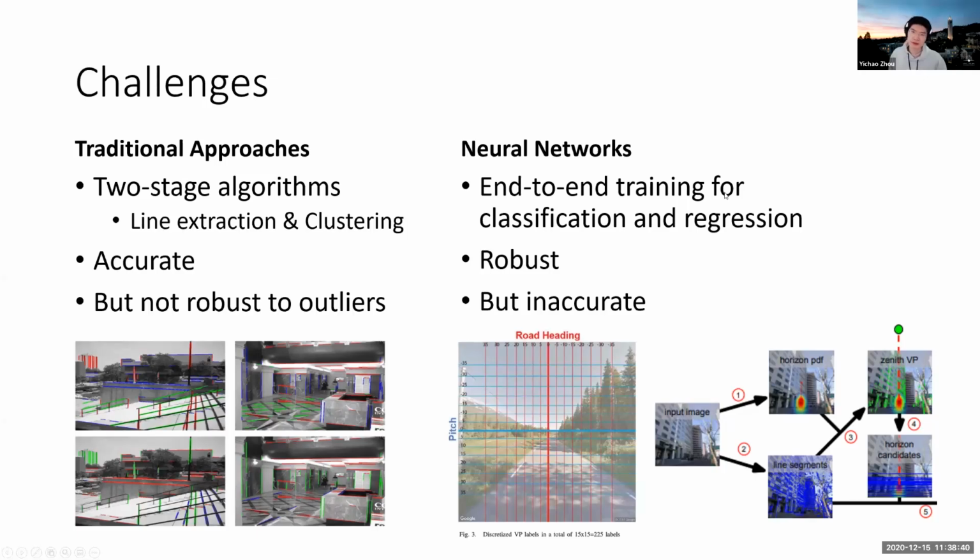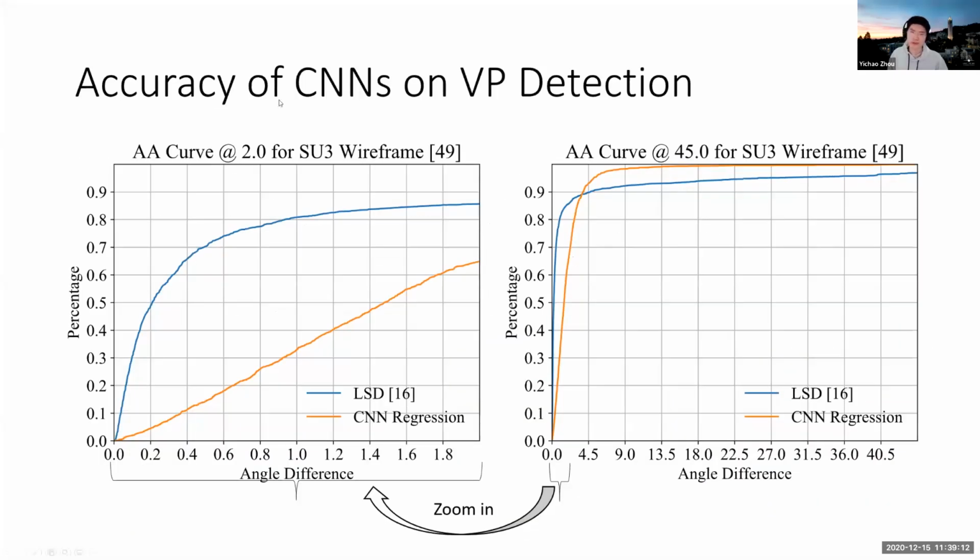With a neural network-based method, you can either regress the coordinate of the vanishing point, or divide the image into a lot of patches and do end-to-end classification of which patch has a vanishing point inside it. Both are robust because they learn from data. The problem is that a neural network doesn't really understand the definition of a vanishing point, so they are inaccurate. Here is an experiment to demonstrate that.